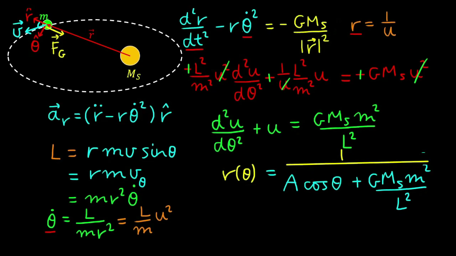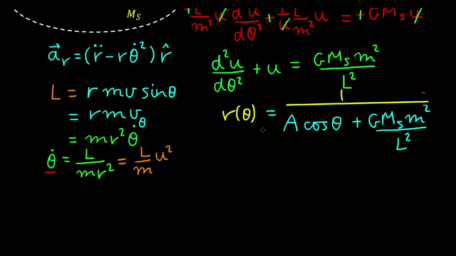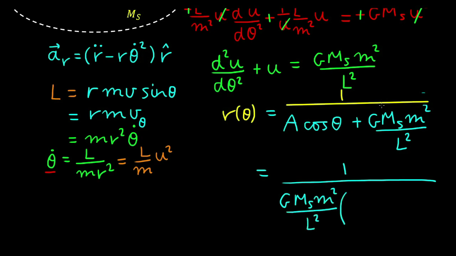And now we want to get this in the form of the equation of an ellipse. So what we can do is factor out this constant. So we get 1 over G M_s times m squared on L squared, multiplied by 1 plus the eccentricity of an ellipse times cosine theta.